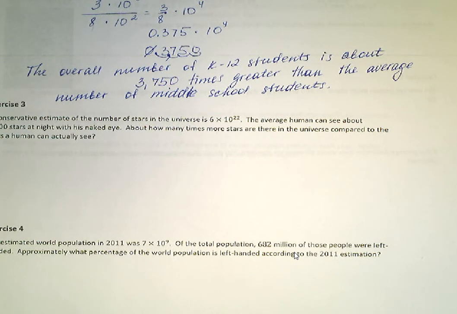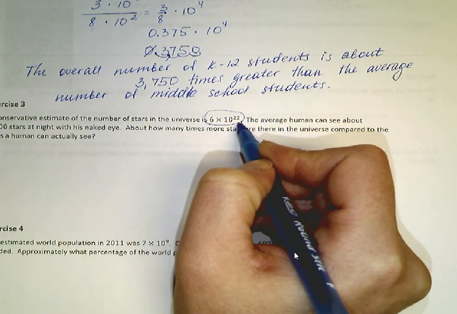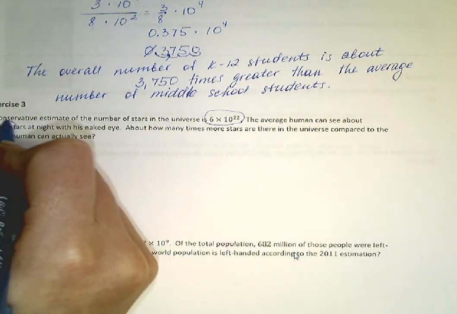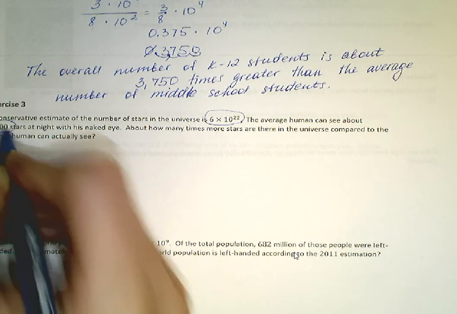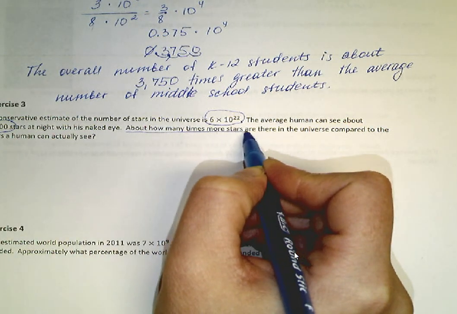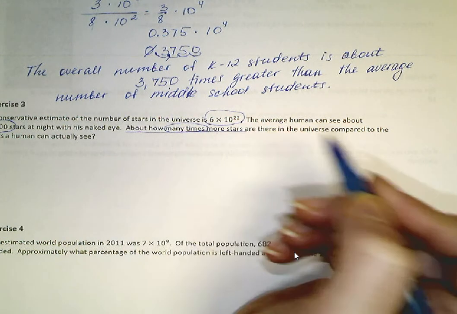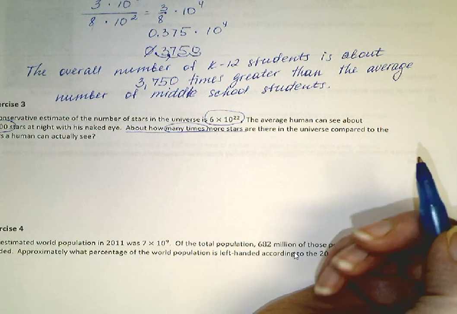About how many times more stars are there in the universe compared to the stars a human can actually see? So that's the number of stars in the universe. That's the number of stars that the human can see. We are going to compare these two to see about how many times more stars are there in the universe. So we're looking at times, right? We are going to divide one by the other.